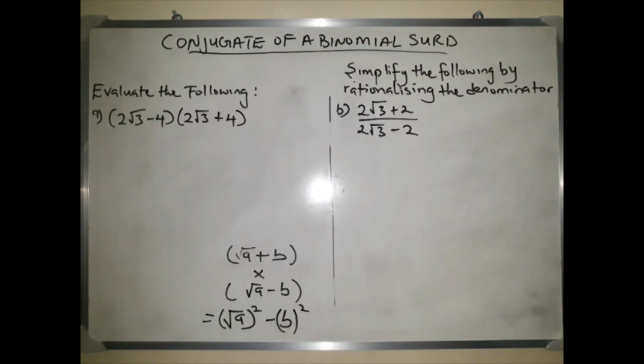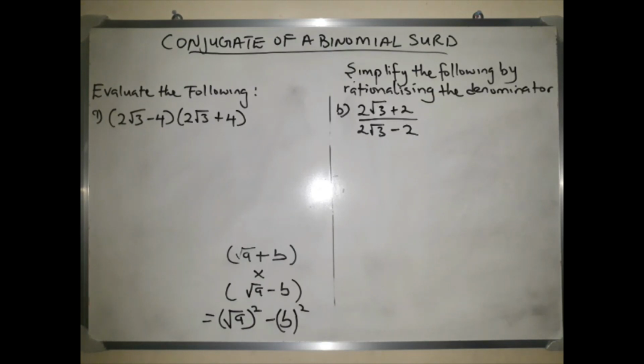So here's the idea: if you have a binomial surd expression and you want to rationalize that binomial surd, what you simply do is use the idea of difference of two squares.